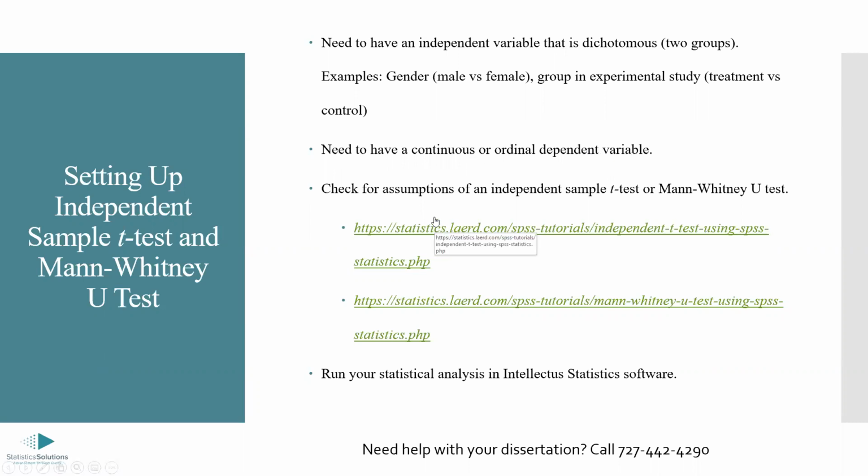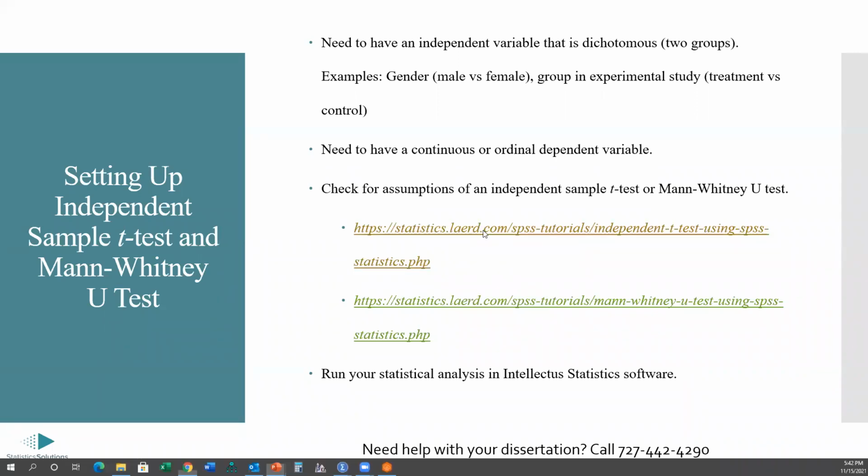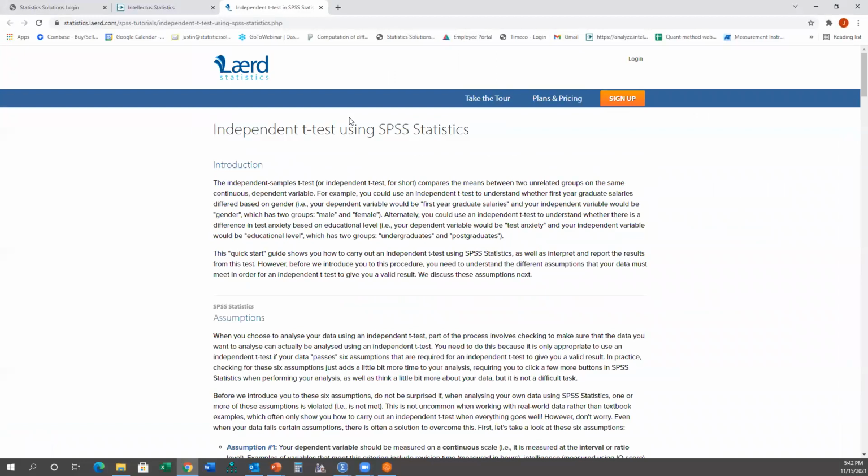And I provided a couple hyperlinks here. Statistics Laerd is a very popular website used now with committees because they identify specifically what assumptions should be checked. So just for example, let's take a look at this one. This is the independent t-test, and they connect a lot of their findings with using SPSS, which is a statistical software.